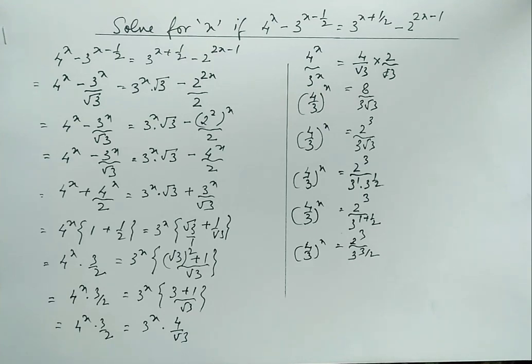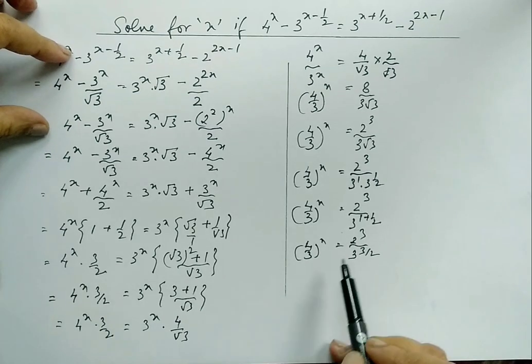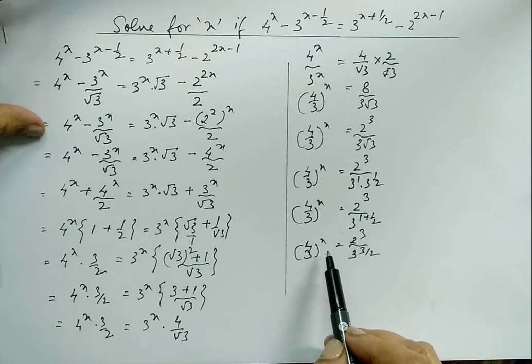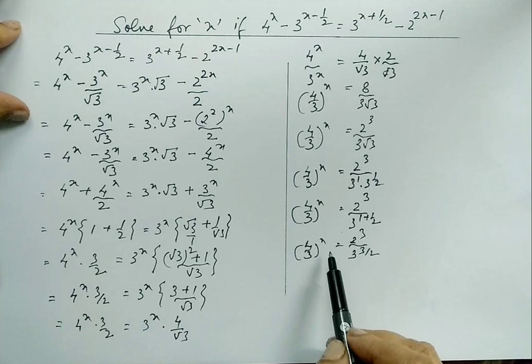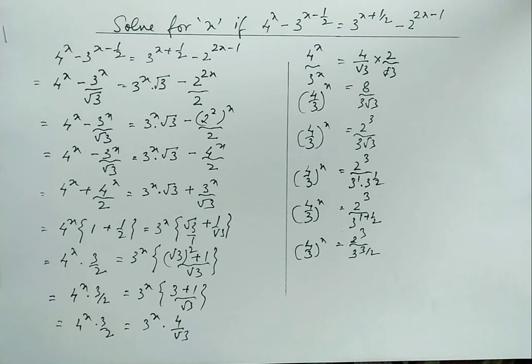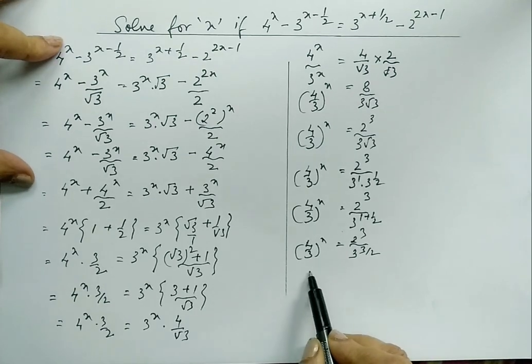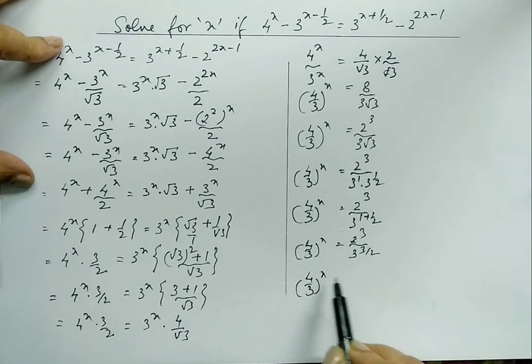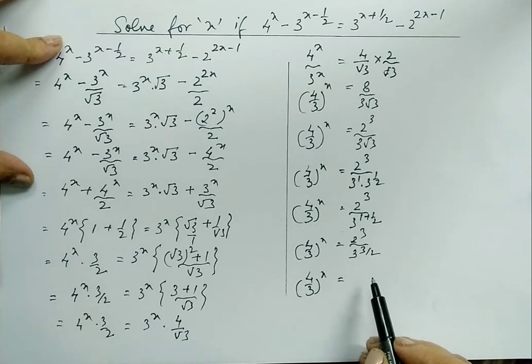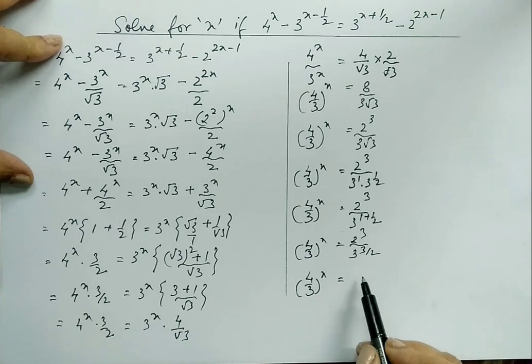Alright? Now we want to make the bases same, so that we are able to equate the powers, isn't it? So what we do is 4 by 3 to the power x, and this side we do a slight change.